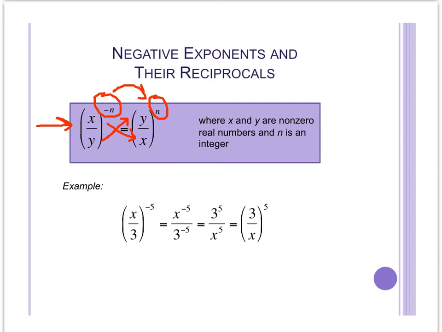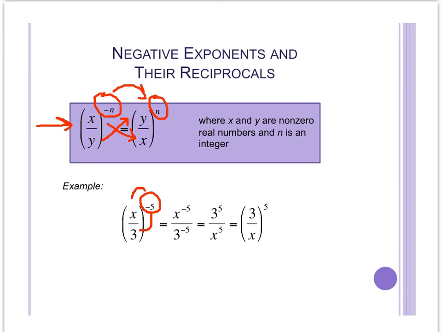So in the example, we have x divided by 3, and that quantity raised to the negative fifth power. So if we remember the previous rule where this negative fifth needs to be distributed to both the numerator and the denominator, we're left with x to the negative fifth divided by 3 to the negative fifth.